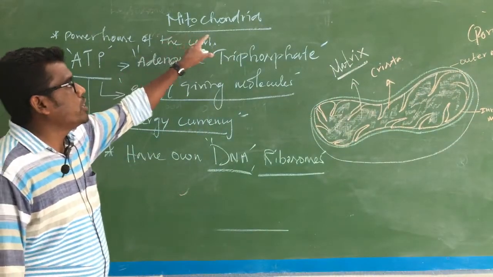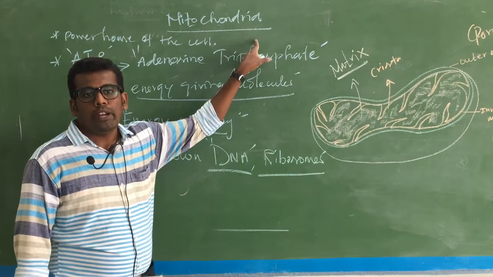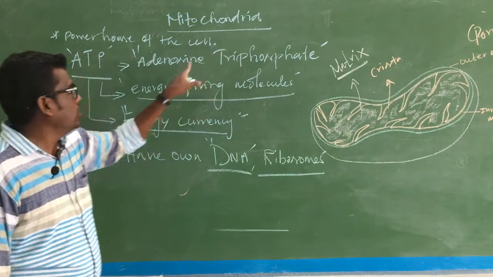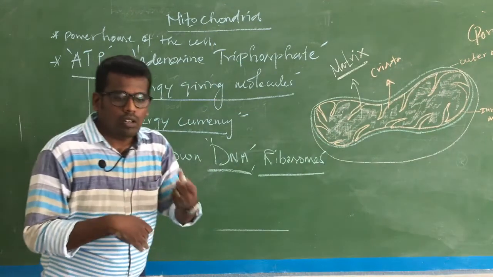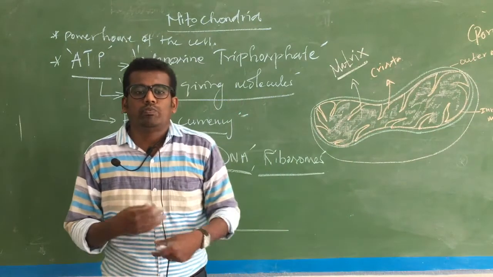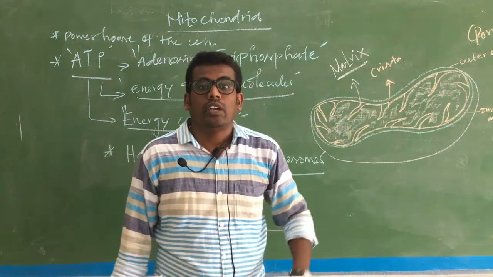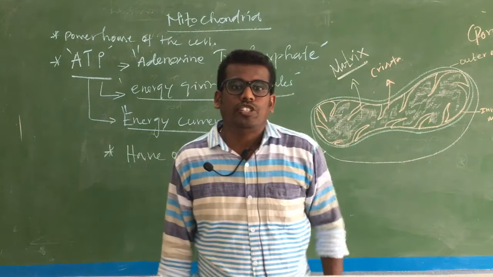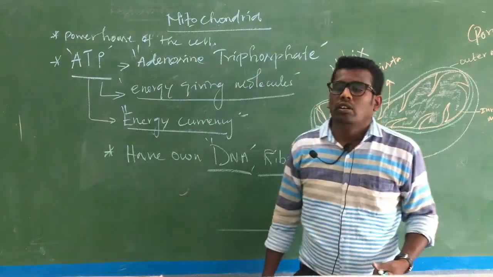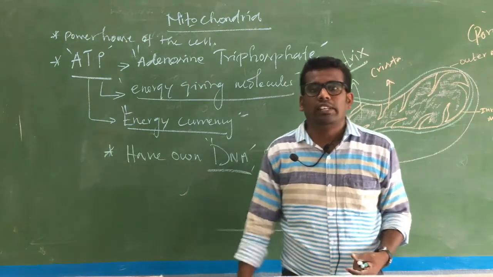Again, the mitochondria is a membrane-bound cell organelle. It is generally called the powerhouse of the cell because we need chemical activities to maintain life, and chemical activities need energy. That energy is produced by the mitochondria, so it is called the powerhouse of the cell.